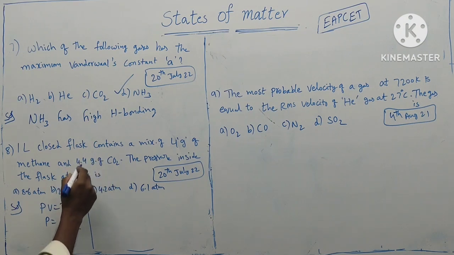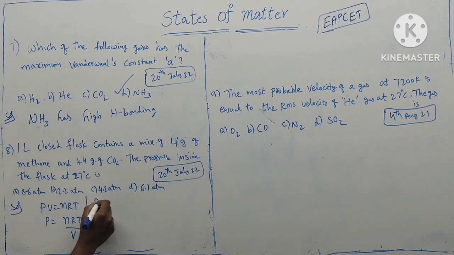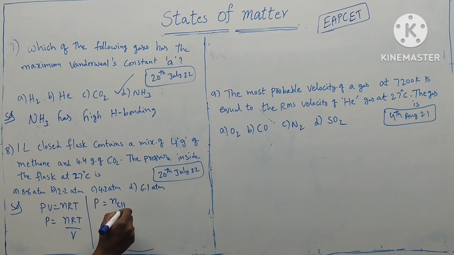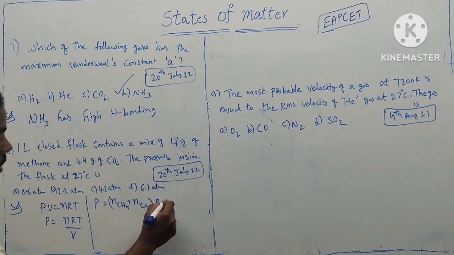Given 4.4 grams CO2 and 4 grams methane, P = (number of moles of CH4 plus number of moles of CO2) × R × T / V.